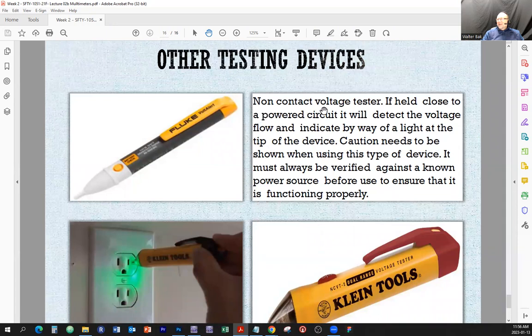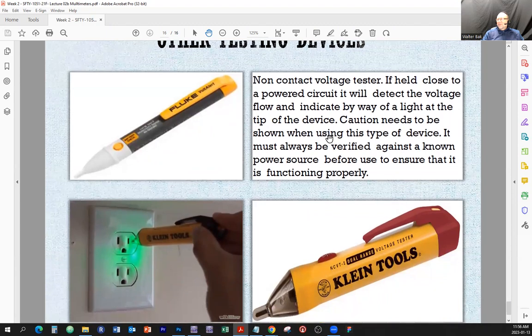Other circuit testing devices. Here's the non-contact voltage tester. You can buy that in any hardware store. It's pretty neat, actually. See, there's a hot terminal of the duplex receptacle. You put that probe right to it, it's going to light up. And if you put it into the neutral, it should not light up. It is so nice and precise that if you have a cable consisting of two conductors, if you put that probe on one side of the cable, it's going to light up.